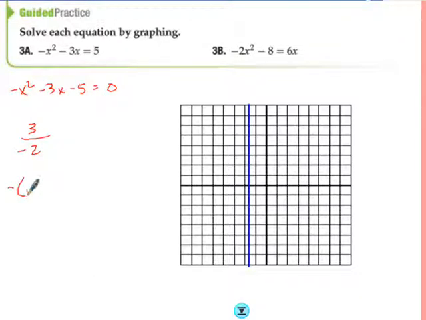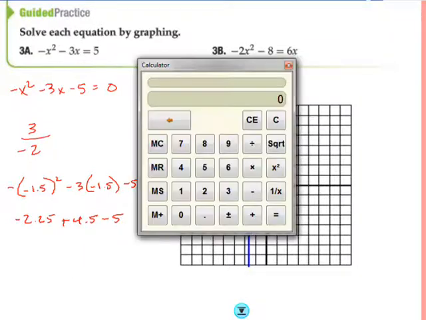So we have negative 1.5 squared minus 3 times negative 1.5 minus 5 equals 0. This becomes 2.25, so negative 2.25 plus 4.5 minus 5.